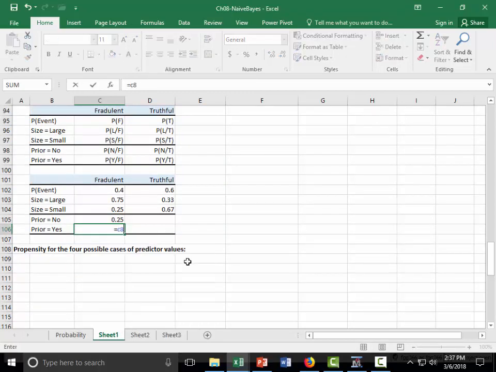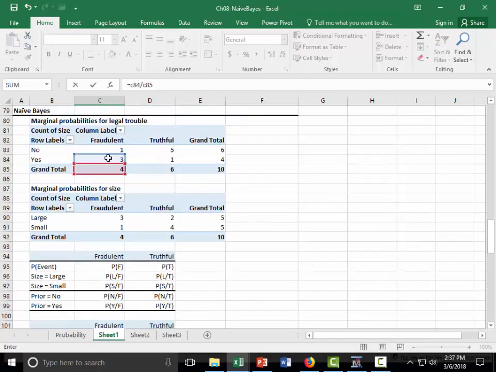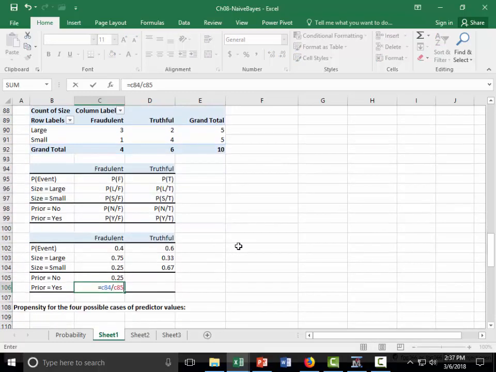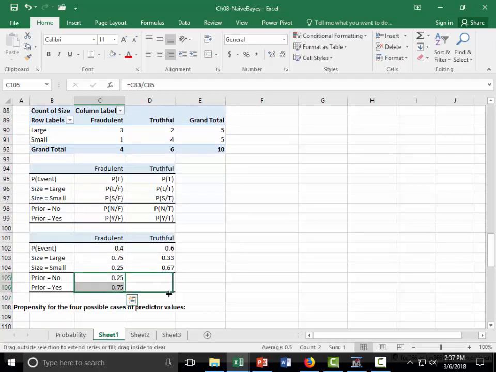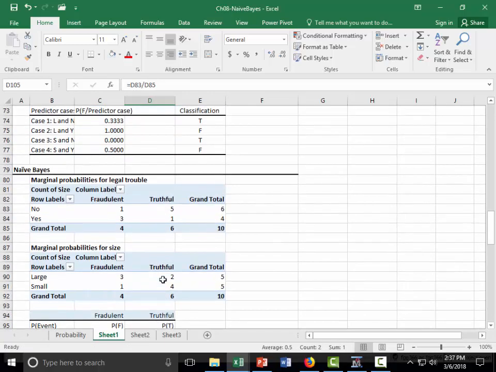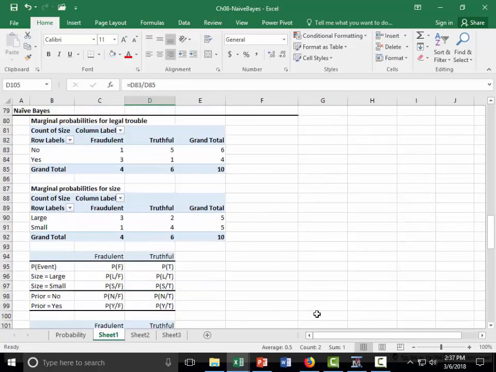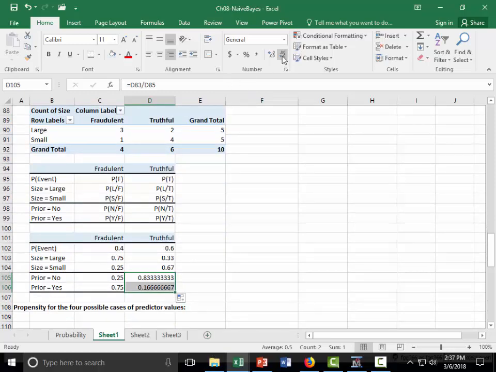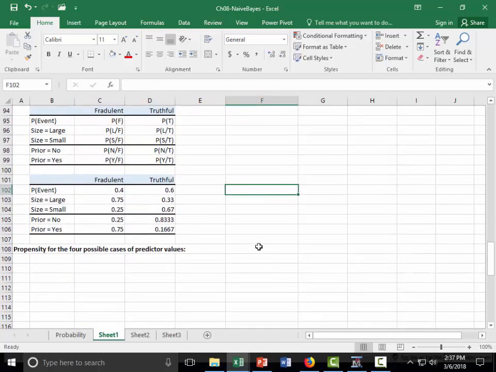So this will be C84 over C85. That divided by that. So now if you copy that over, you get that probability, 5 over 6 and 1 over 6.